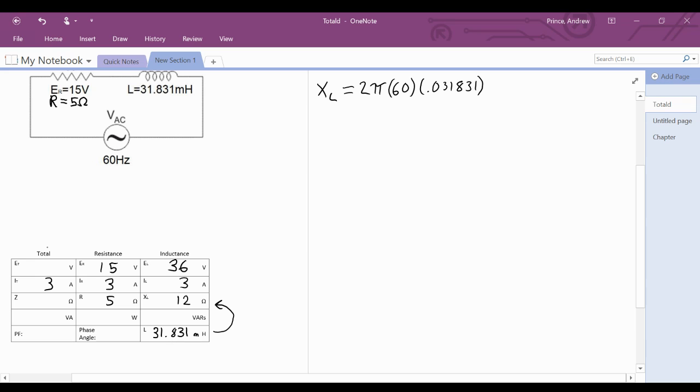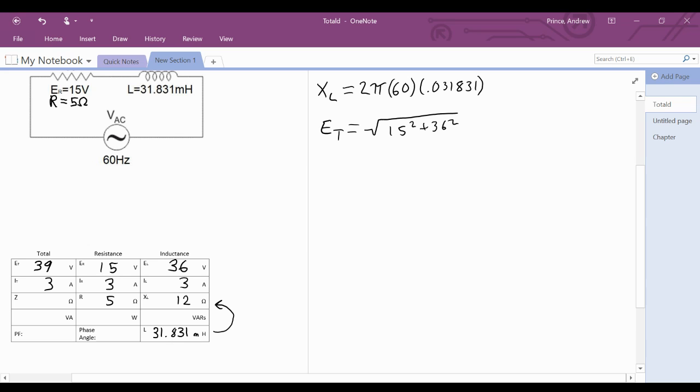So if I'm looking for my total, let's go ahead and solve for the total voltage in the circuit. So based on Pythagorean theorem, if I'm looking for my ET, the voltage total, I'm going to be getting the square root of 15 squared plus 36 squared. And that gives me a total of 39 volts.